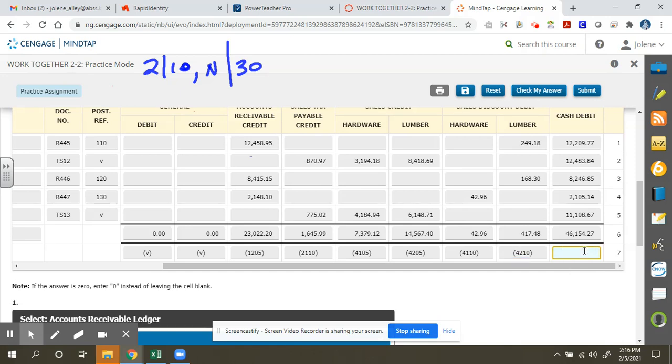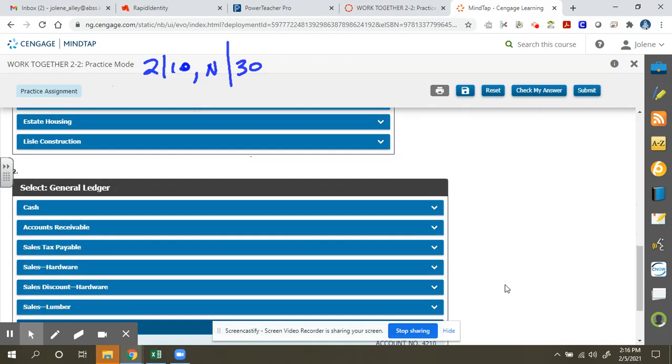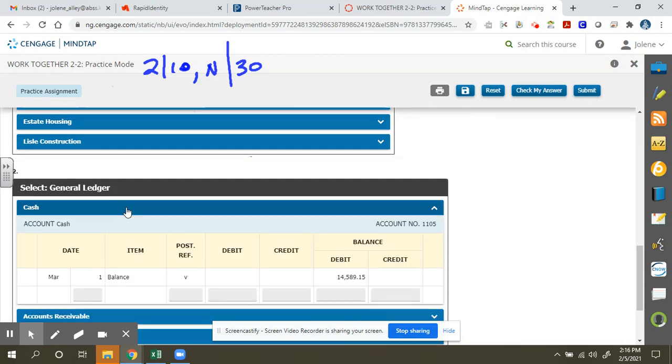4210. Now, the cash amount, what was actually deposited into the bank, we got to post that, and that's right up here in cash. Cash came in.